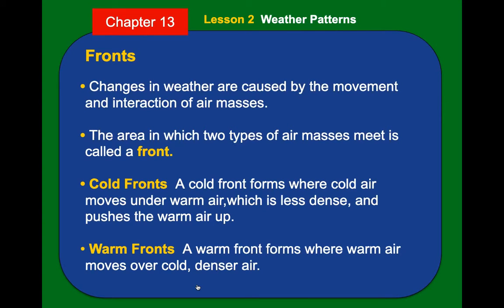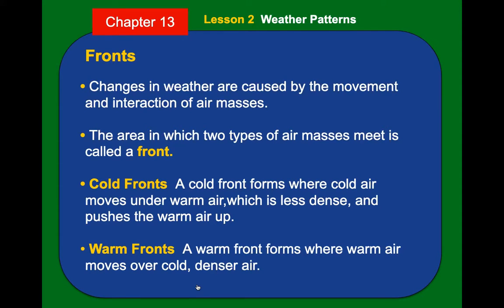The next type of front is going to be a warm front. This is also going to bring precipitation at the front line because the warm air, as we know from our prior knowledge, is going to be less dense than the colder air that it's pushing out. So it's going to ride over the cold air, pushing it along out of the way. But also at the same time, that warm air is still kind of rising.